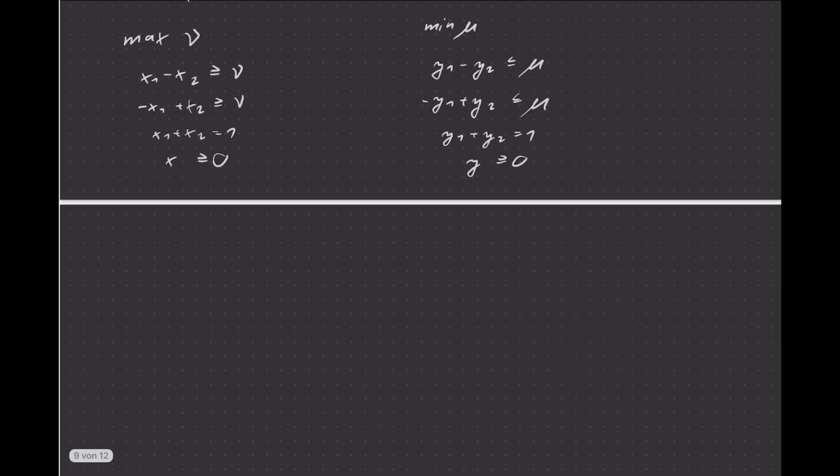So what does that mean? Well, in particular, we get the two conditions out of that one. Let's say x1 minus x2 needs to be greater or equal to nu, and this other condition here, if we multiply that by minus 1, then we get x1 minus x2 is less or equal to minus nu.